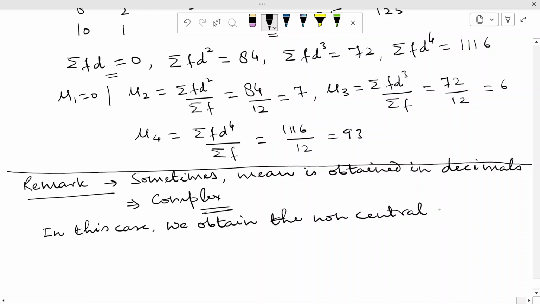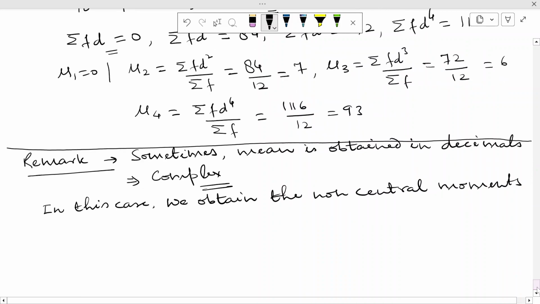Okay, so we'll calculate our non-central moments. Now what is the use of this? Because as we discussed in the beginning, we get all the information from the central moments only, except the mean. So if we are having non-central moments, then what is the use of those moments?